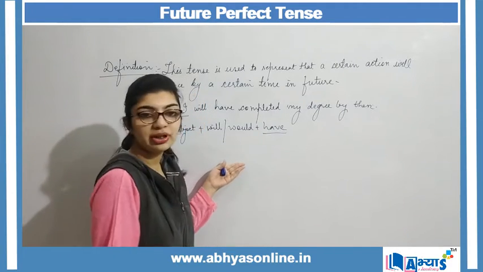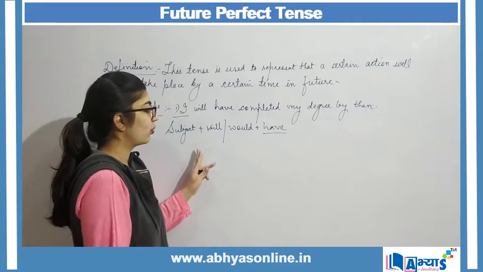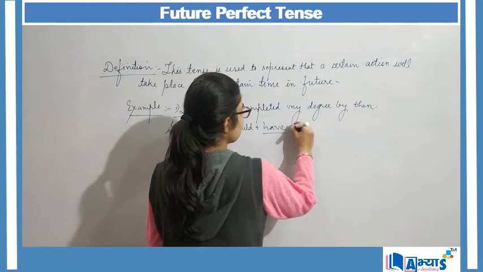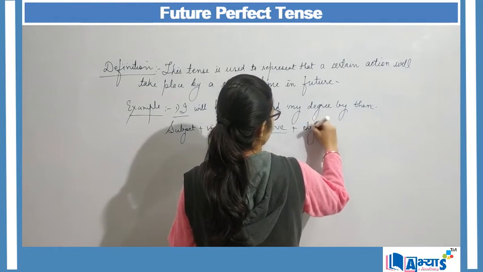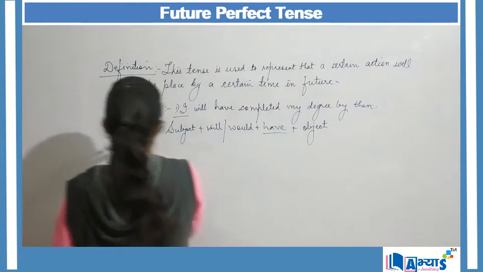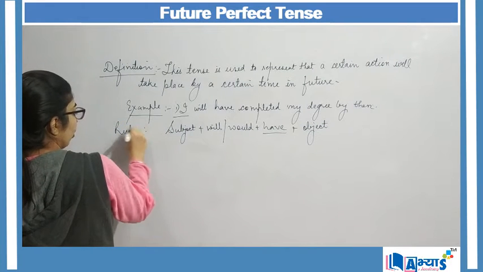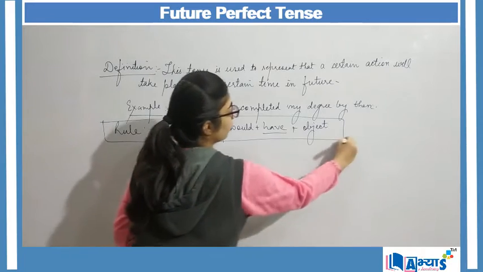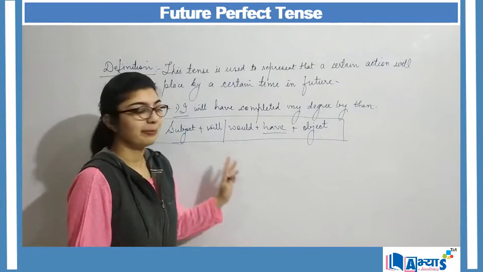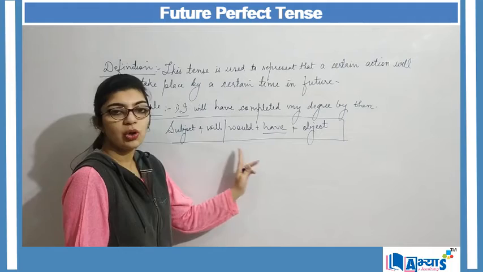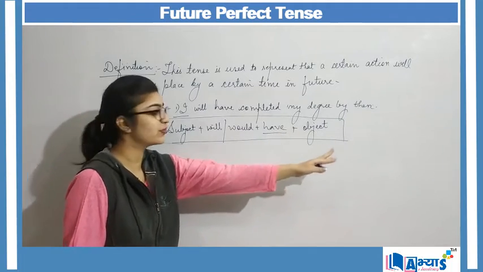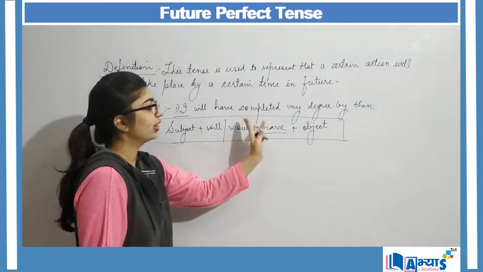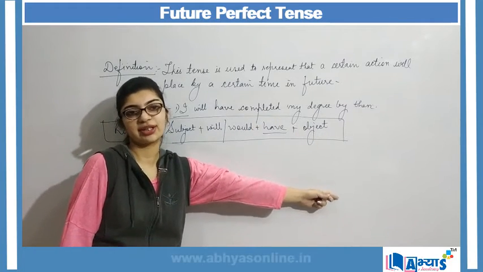But here we are talking about future perfect tense. So will plus have represents the future perfect tense, plus the object. So this is the rule to identify that my sentence is in future perfect form: subject plus will or would plus have plus the object. So here the subject is I, will have, and completed my degree is the object.